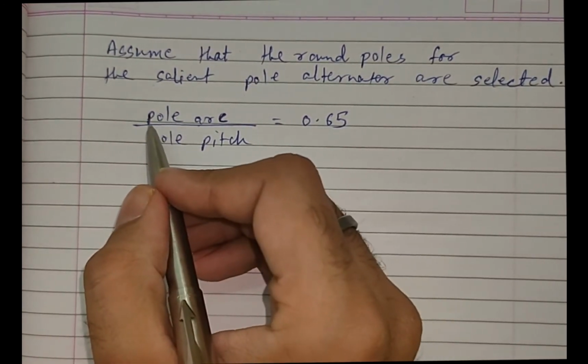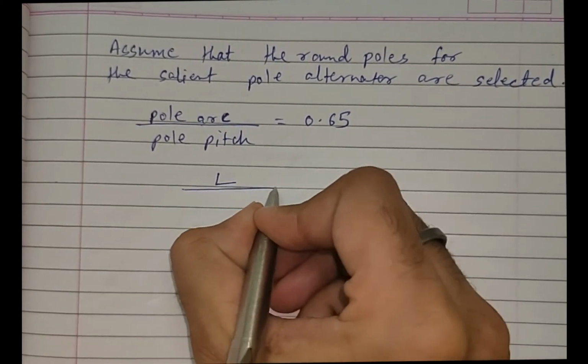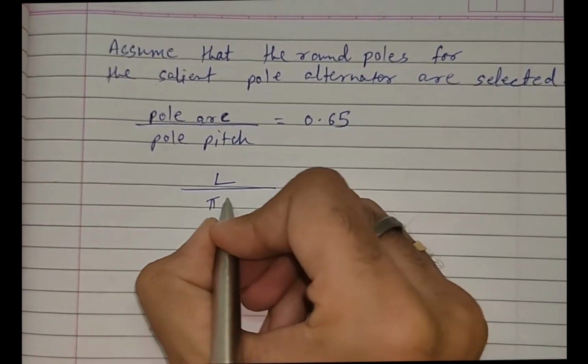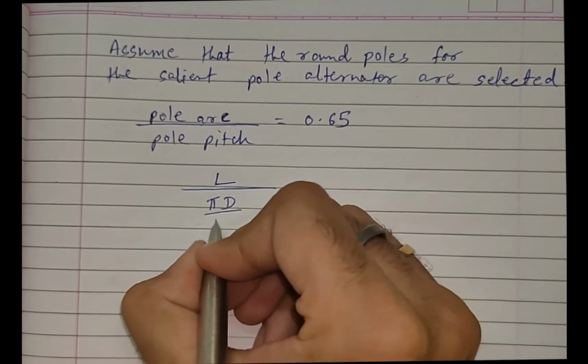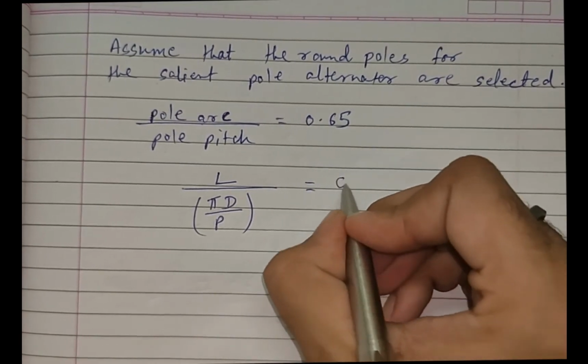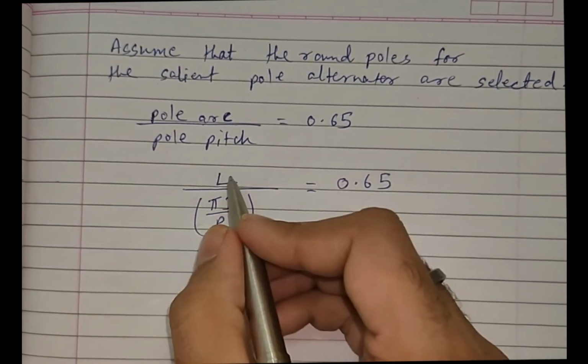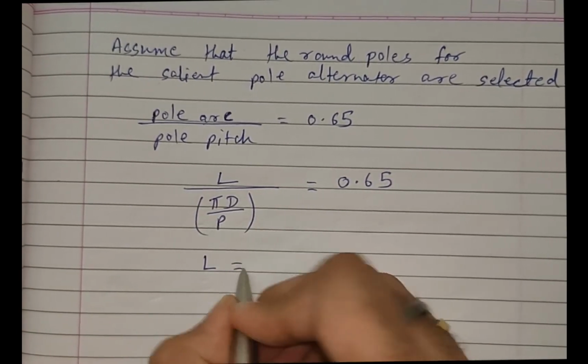So the pole arc by pole pitch can now be written as L divided by pi d by p. So this is equal to 0.65. Now let us make L the subject of the equation.